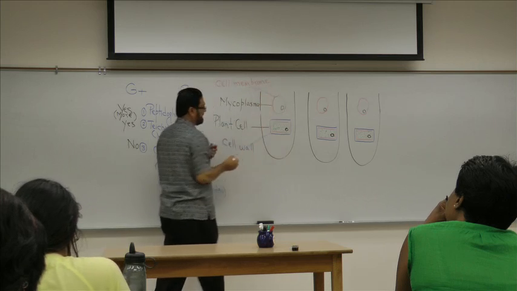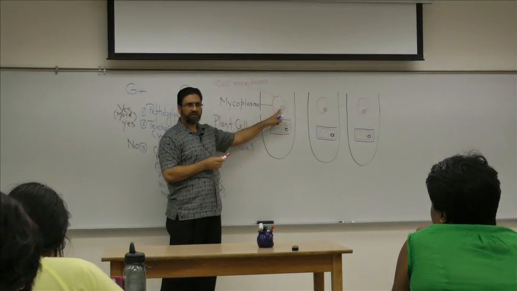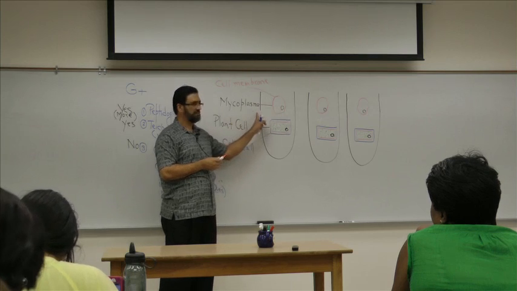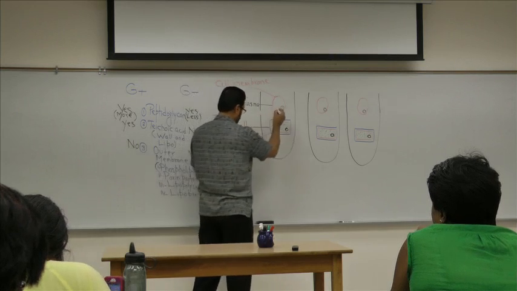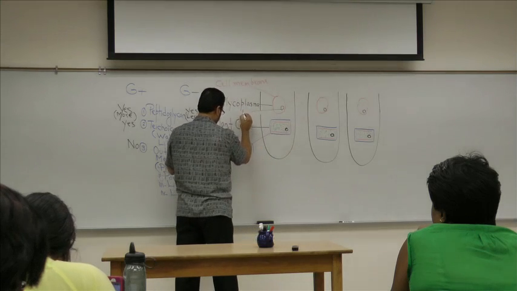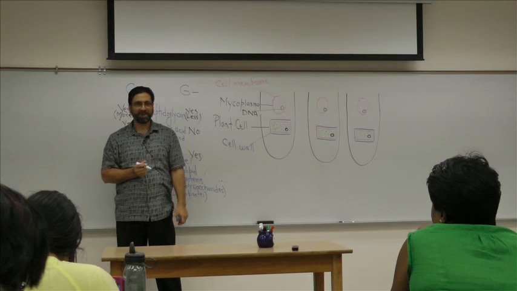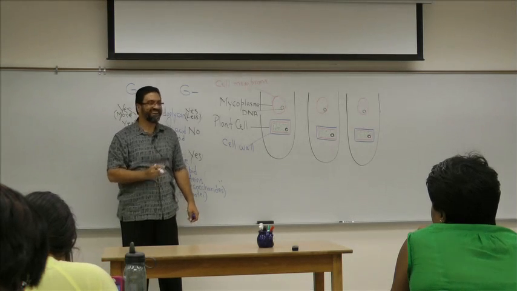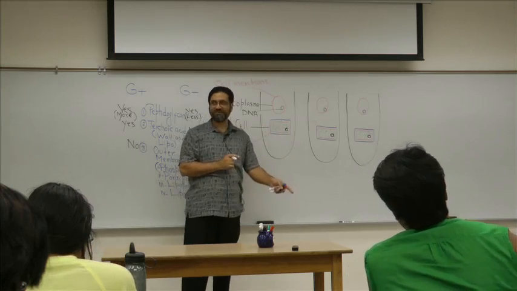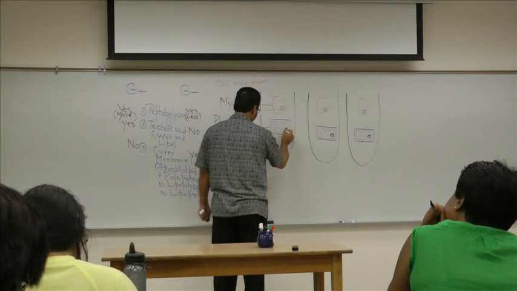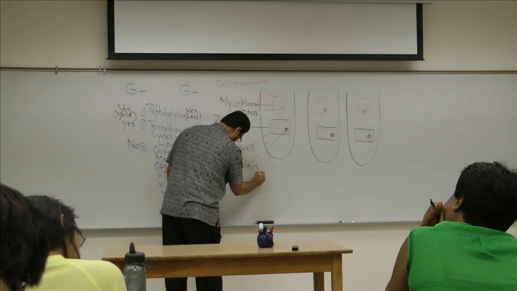What's this in the middle? Bacteria don't have a nucleus, just DNA. Very good. And what is that? That's a plant cell, a eukaryote, so that's a nucleus.